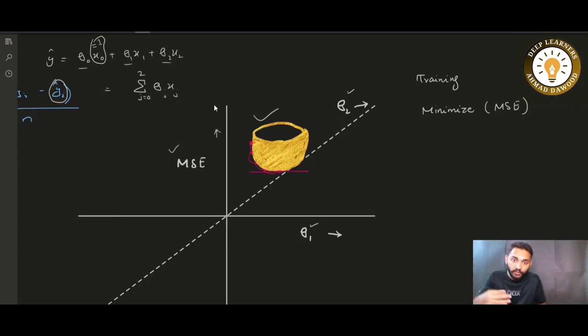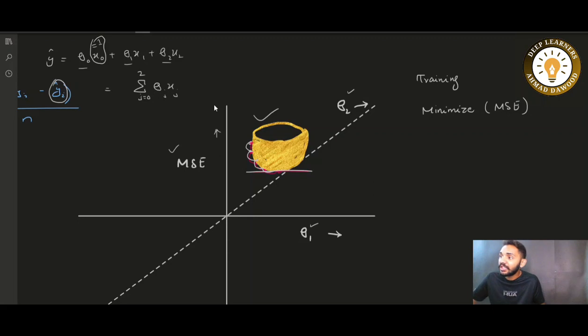In gradient descent, we take the gradient again and again and update our parameters, going in the direction where the mean square error is minimum, until we reach the minima of that plot.